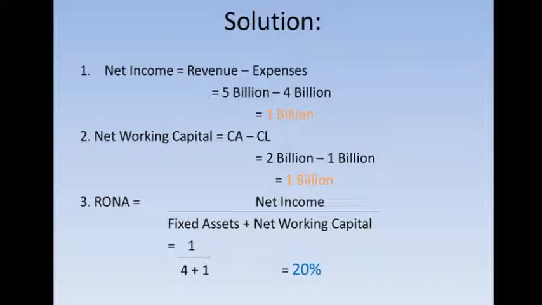So if we deduct 2 billion minus 1 billion, that is 1 billion, which is the net working capital. And in the question we already know our fixed assets are 4 billion rupees. So the total denominator would be 5 billion rupees. If we put all these three amounts in our formula, then we will get 1 divided by 5 billion rupees, which is equal to 20%.